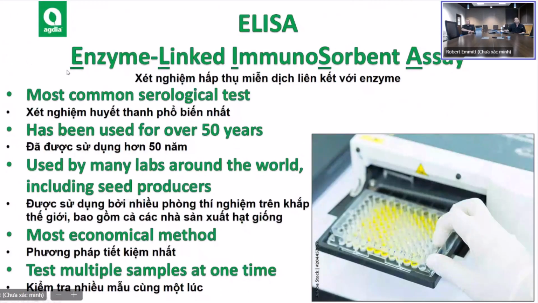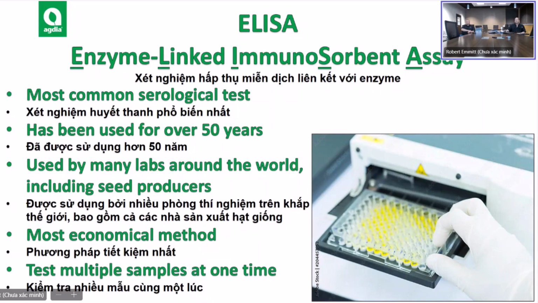So ELISA stands for enzyme-linked immunosorbent assay. It's really the most common serological test. It's been used for over 50 years, and it's used by labs around the world, including a lot of the big seed producers. It's the most economical method, and you can test multiple samples at one time.